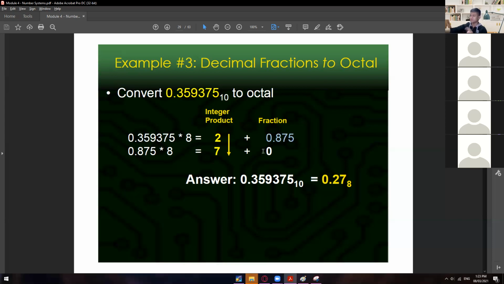The fraction part is already 0, so that's when you stop. Then read the integer products from top to bottom. So the octal conversion of this one is 0.27 base 8. All right, so clear?